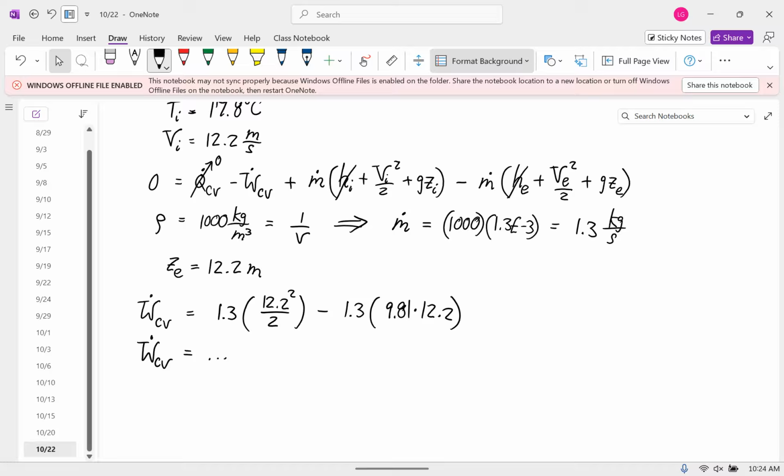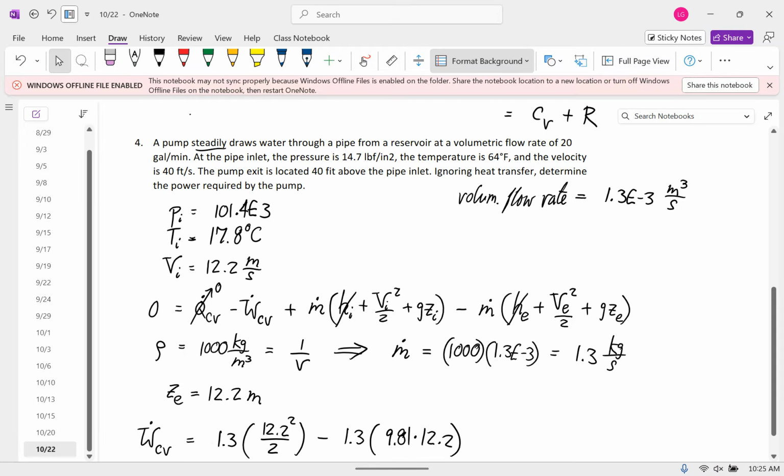If you want to lift water 40 feet, it would take more energy if you want it to be at 40 feet and 40 feet per second of speed. So this is saying, what's the required power? What's the least power that this thing could require in order to get water up to that height? It's going to be a smaller amount of power if you don't assume that it's moving.